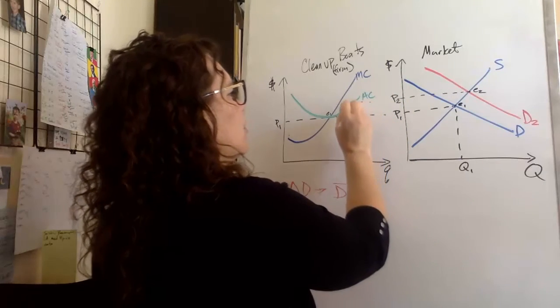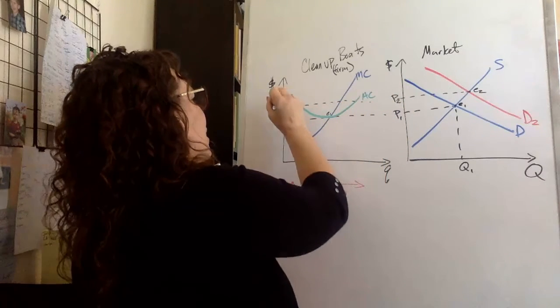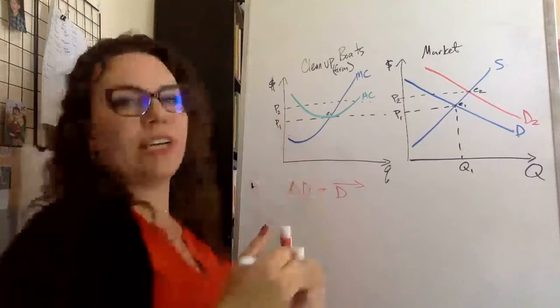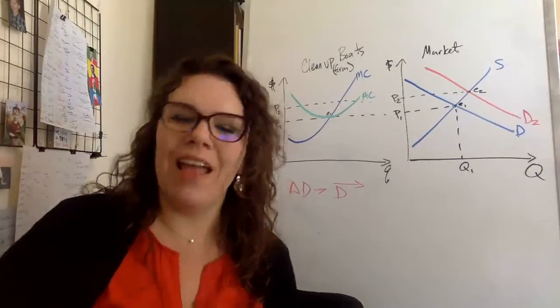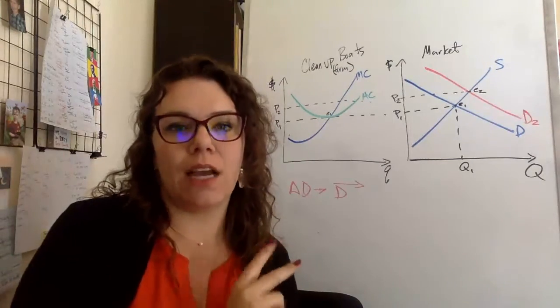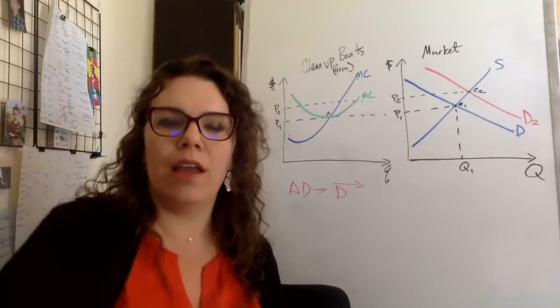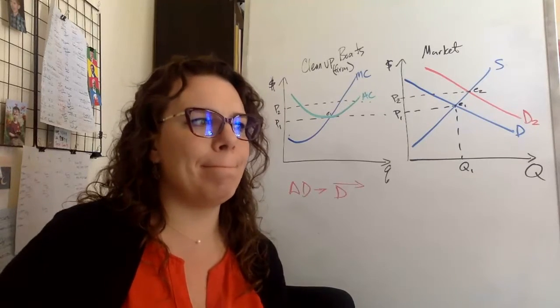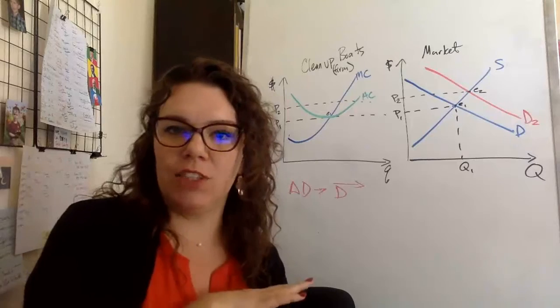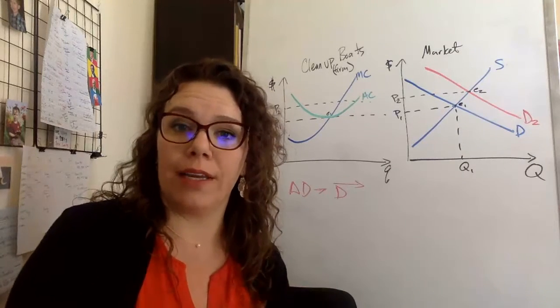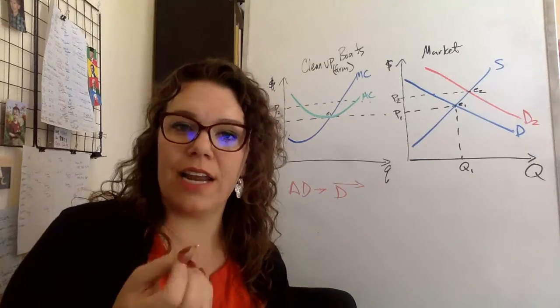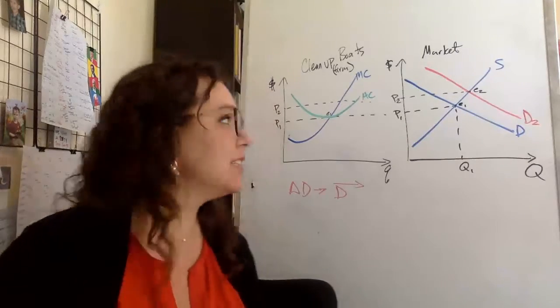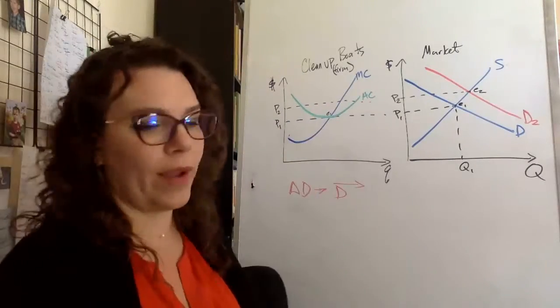That new higher price, and this is the second part, is translated over here to the firm. I like having these side by side because then you can see they're connected both ways. Both the individual firm and the market graphs are connected by price and by quantity, but I think it's nice to see the price translate all the way across.